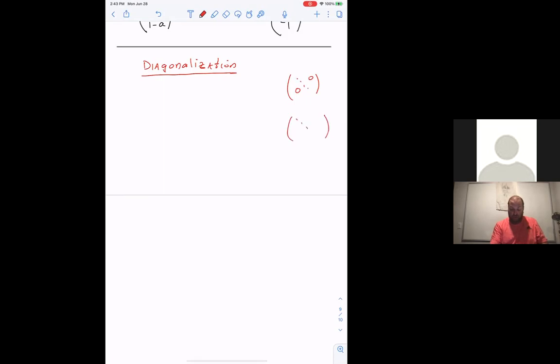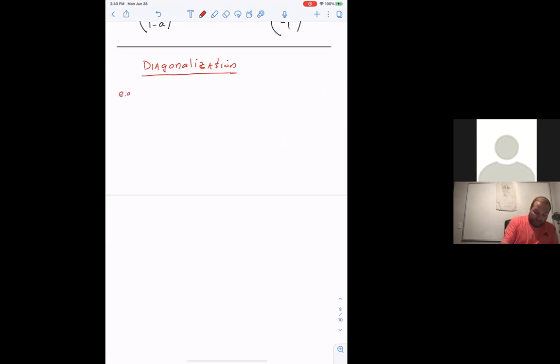If it's 3 by 3, same idea. Diagonalizing a matrix means I don't care what these numbers are as long as the numbers off the main diagonal are 0. Now you can't just take a matrix and erase numbers and make them zeros. So the process is very, very specific.